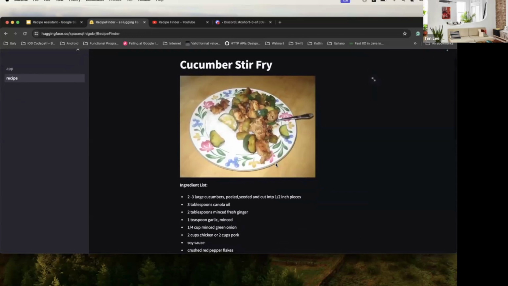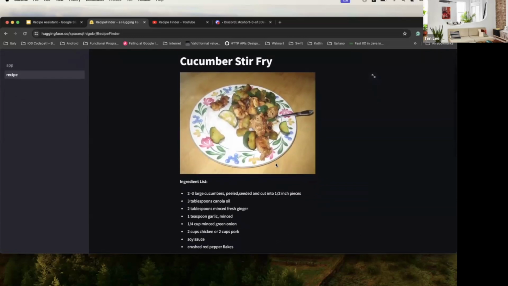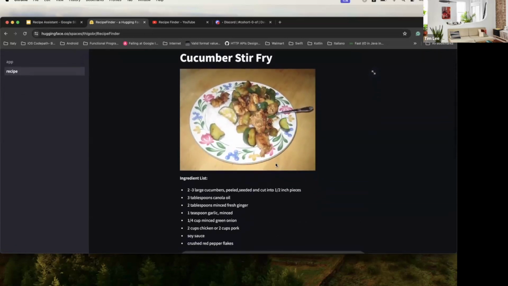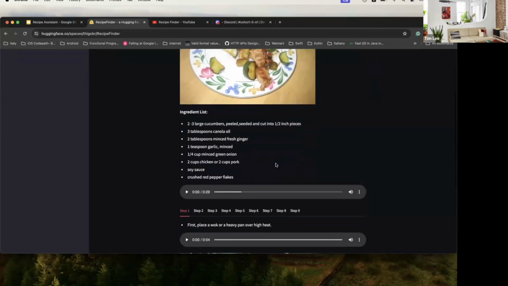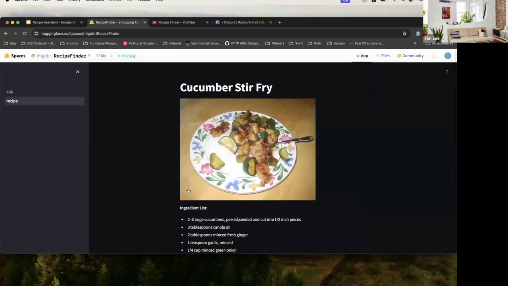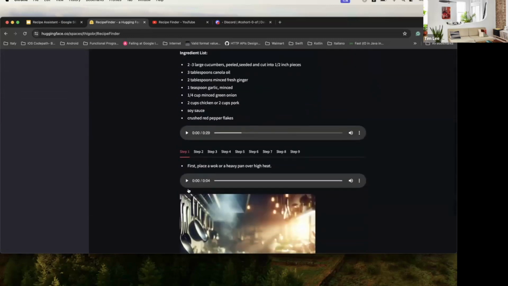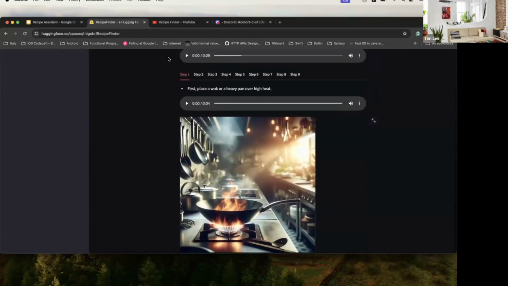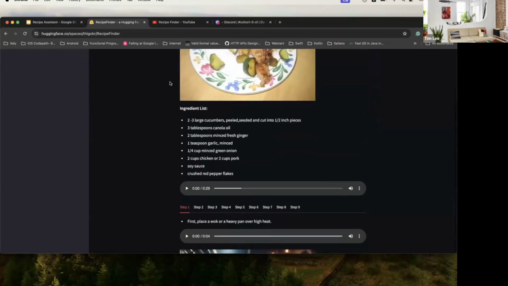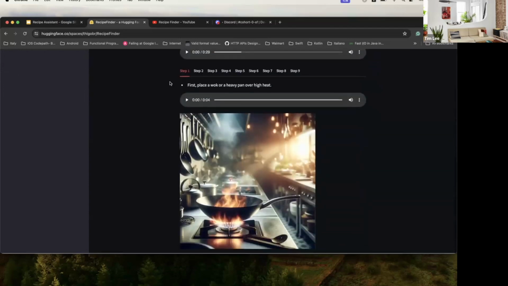I see. So you can see, select the recipe, cucumber stir fry. So this is the picture from food.com. Here we can see the list of ingredients and all the steps, and the steps also have narration.